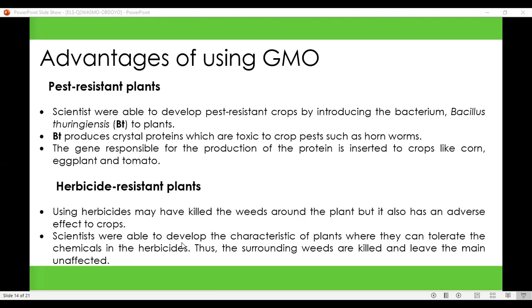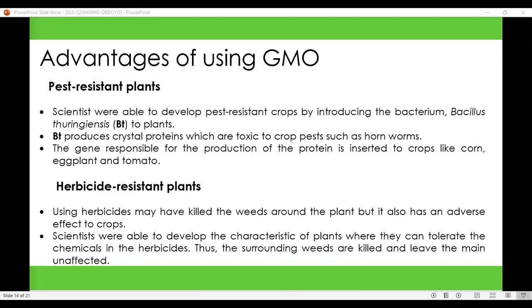Scientists were able to develop the characteristic of plants where they can tolerate the chemicals in herbicides. When farmers use herbicides, it kills the weeds, but it also affects the growth and development of the crops. These crops may acquire the chemicals from the herbicides, so the growth of the crops is not full or, worse, the crops die.